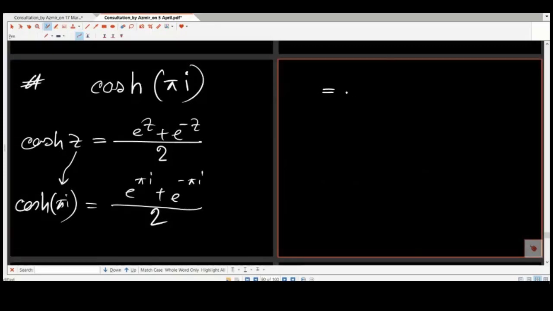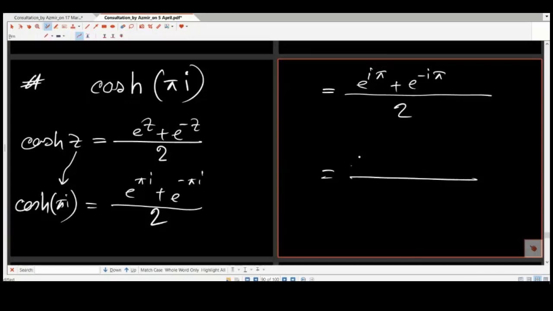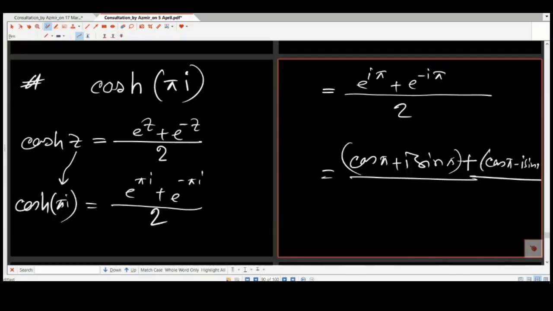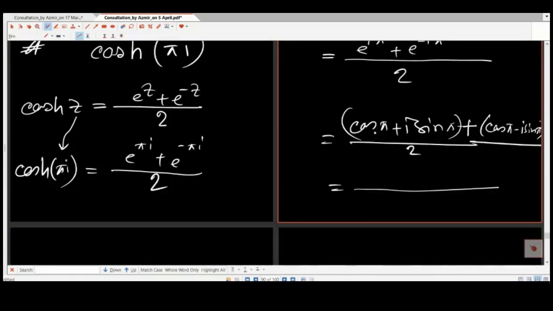We can find the numerical value also, that is e to the i pi plus e to the minus i pi. I have just rearranged this. Now we know that e to the i theta is cosine theta plus i sine theta, and e to the minus i theta is cosine theta minus i sine theta. So cosine 180 degrees is equal to -1, sine 180 degrees is 0.